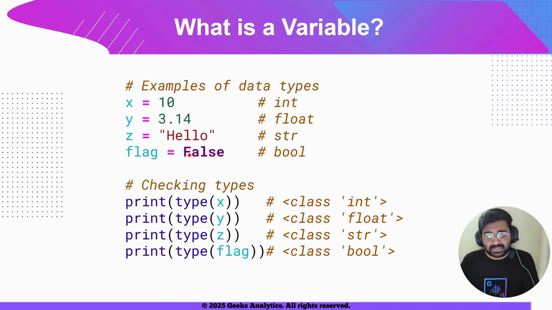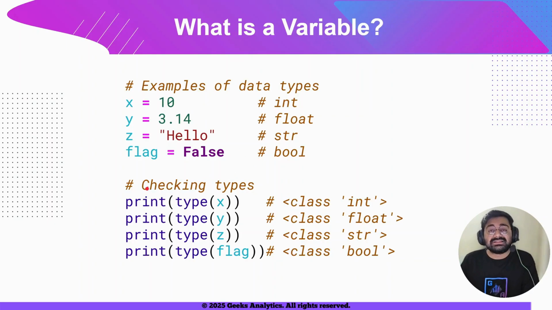Then let's take another code example. Python automatically identifies, as we talked, what the data type of a variable would be. If you see very closely, x equals 10, 10 will be identified as an integer, 3.14 is a float, hello is a string, and False is a Boolean type.